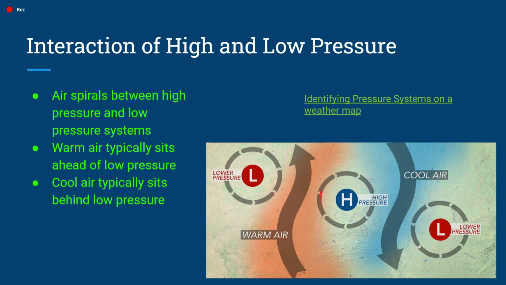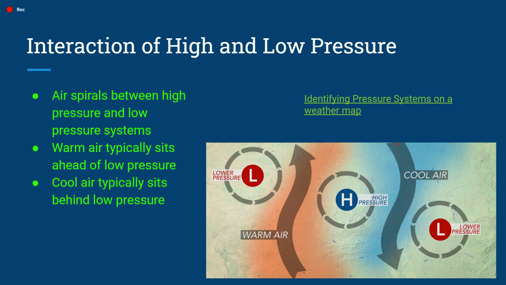What that means is, pay attention to the back side of this low pressure system and the front side of this high pressure system. Notice how the arrows on the back side of this system and the front side of this system are pointing down.